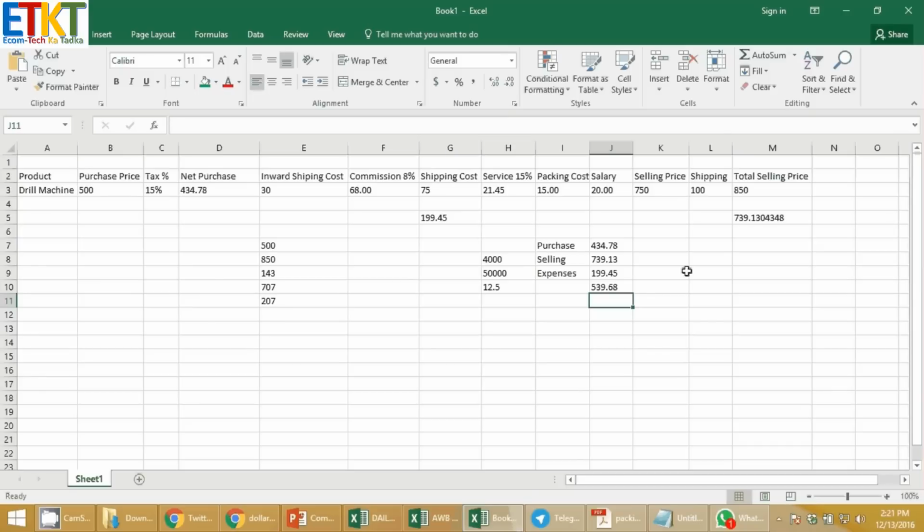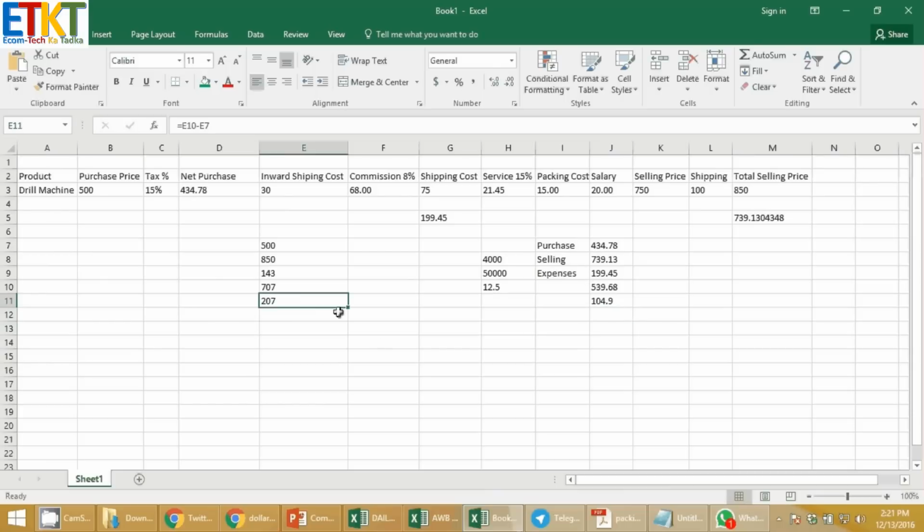Okay, so this is basically you're trying to get the information, like after deducting the expenses from the selling price, okay, you're getting 539. Now just deduct this to this. Basically you're making 104 rupees profit. Now this is your net profit, guys. Okay, now what was the mistake that we did earlier?